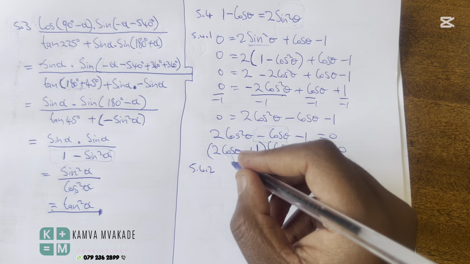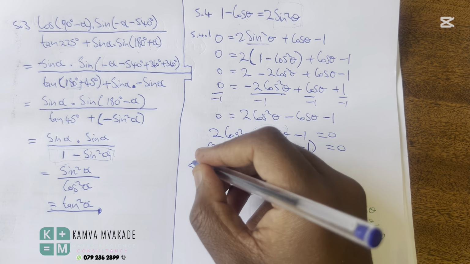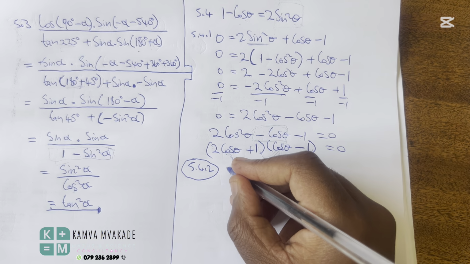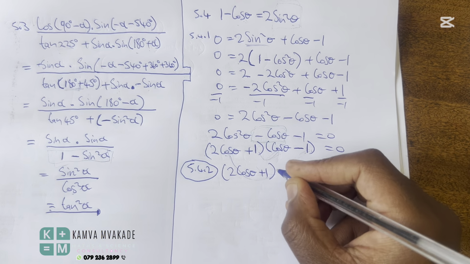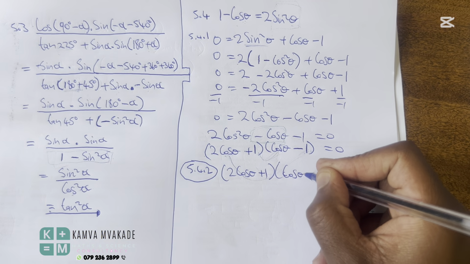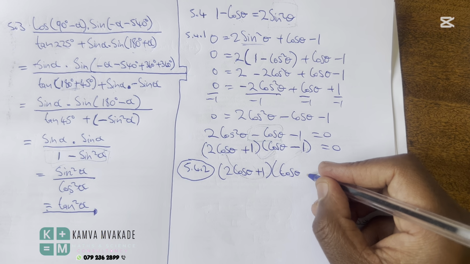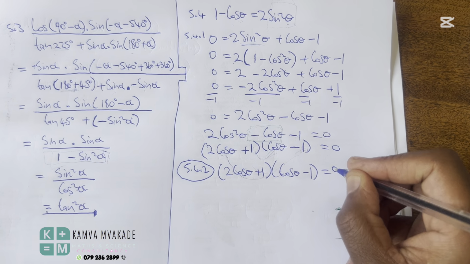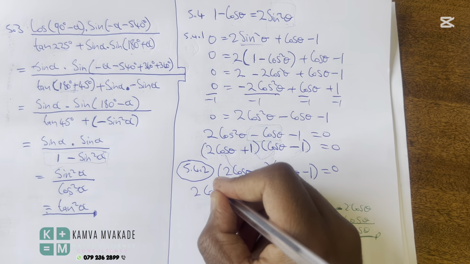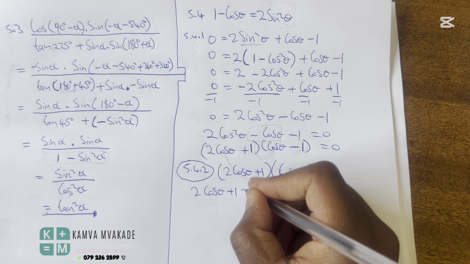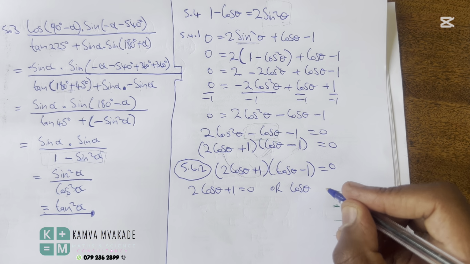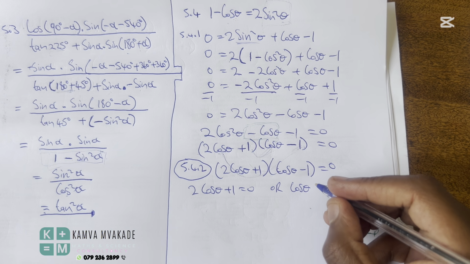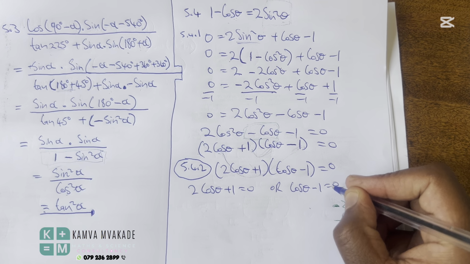So solving this here, it's 2 cos theta plus 1 and cos theta minus 1 is equal to 0. This is going to be 2 cos theta plus 1 is equal to 0, or cos theta minus 1 is equal to 0.